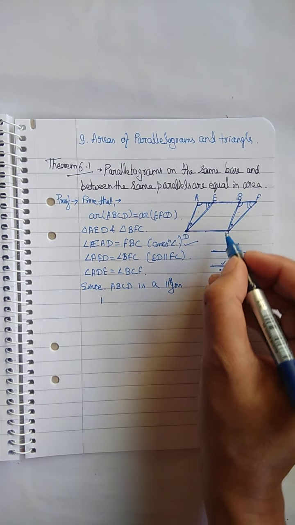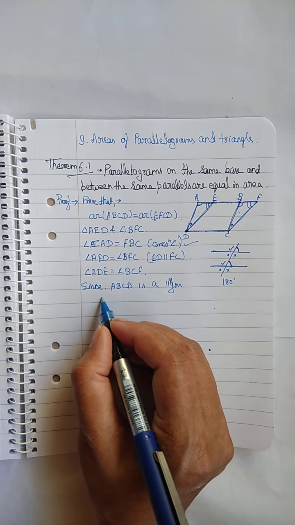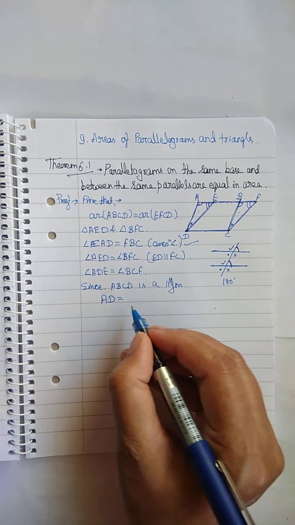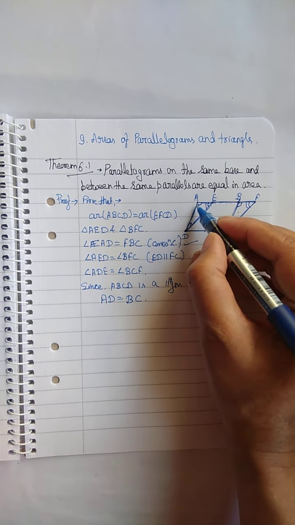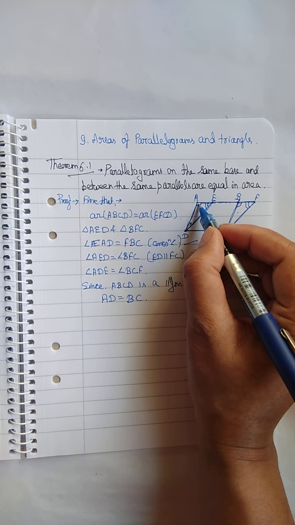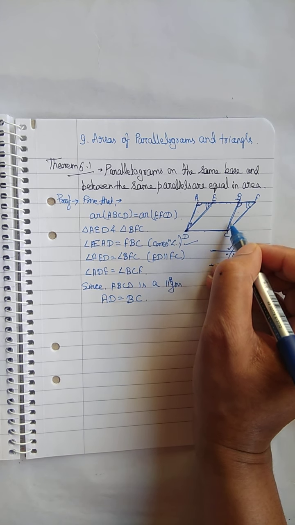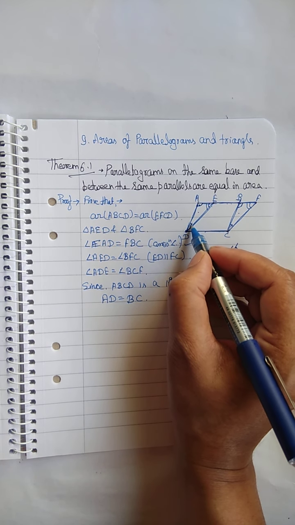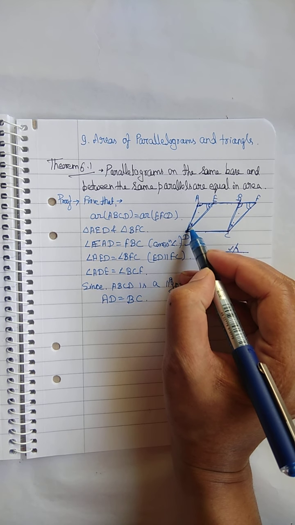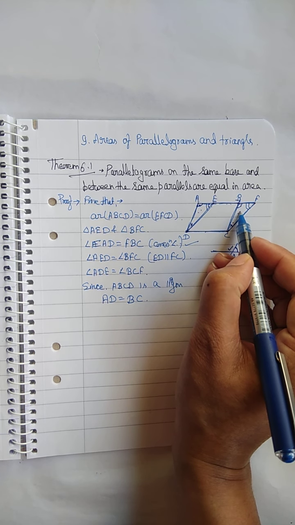That means the opposite sides are equal. That means AD, what is the opposite side of AD? BC. That means AD equals BC. Correct? Now you can see this angle equals this angle, side AD equals BC, and this angle equals this angle. So according to the angle, side, angle criteria, these two triangles are congruent. Correct?